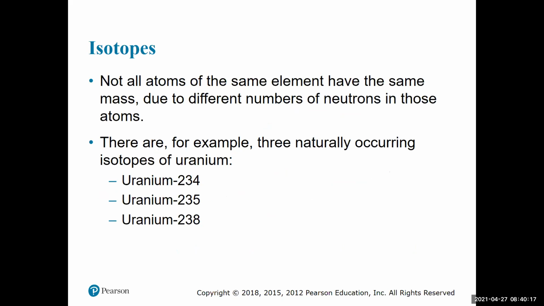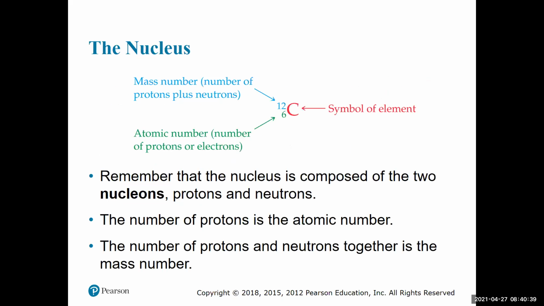We've talked about isotopes in the past a little bit, and where isotopes come into play is that not all the atoms associated with a particular element have the same mass. That's because you have different numbers of neutrons. So remember, for carbon, the 12 is the mass number, the number of protons and neutrons.